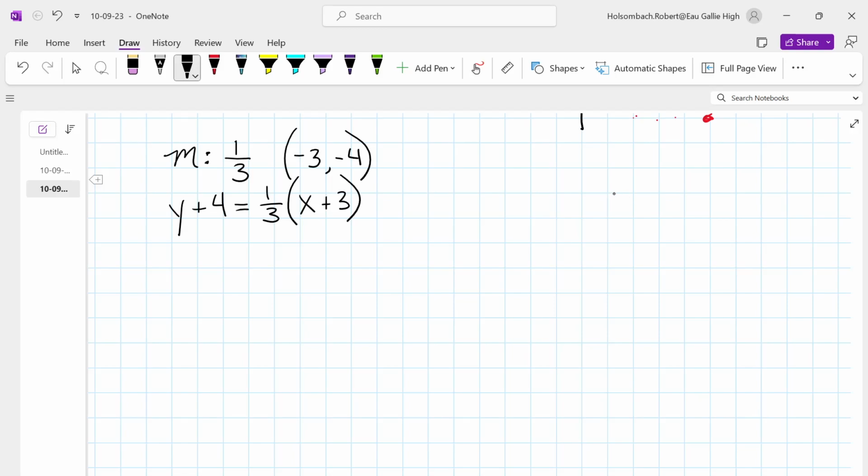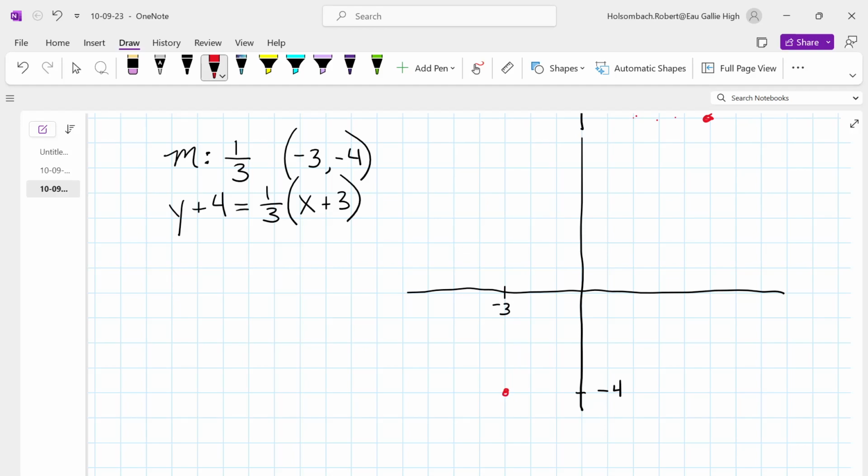We're going to graph this point. I need (-3, -4). So we go to -3, -4, plot a point. I'm going to rise 1 and run 3.